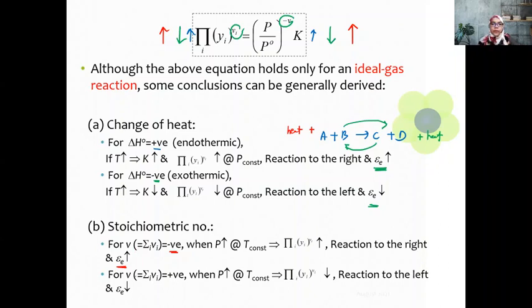For the positive stoichiometric number, once we increase the pressure, it will decrease this side. When we decrease this side, the reaction turns to the left and decreases the equilibrium conversion.